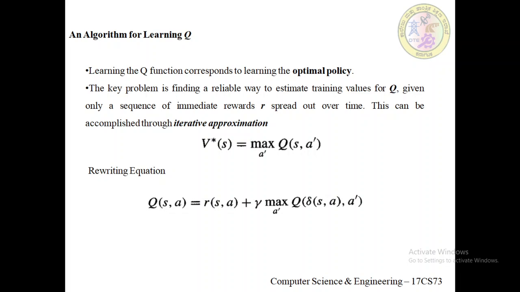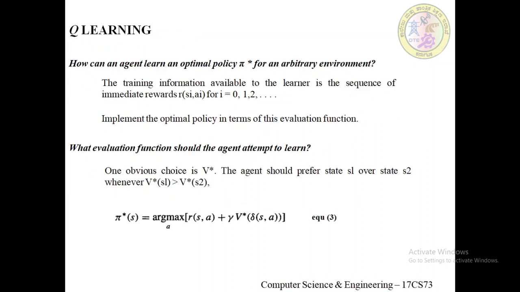This can be accomplished through iterative approximation. That is, V star of S equals max over A dash of Q of S comma A dash, which we can also rewrite in the equation 3 that we have seen.